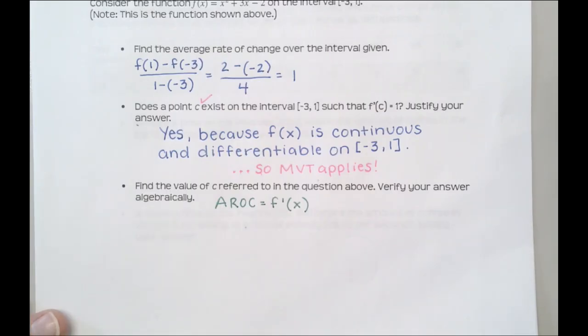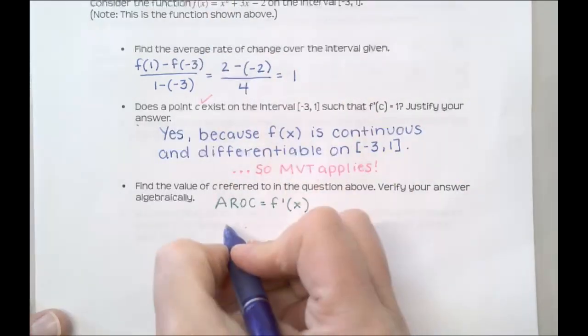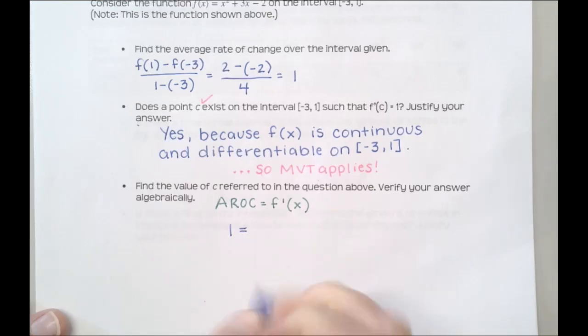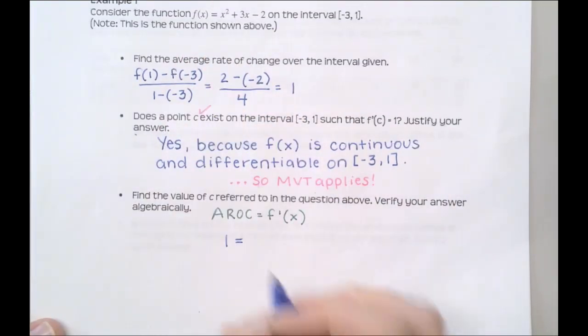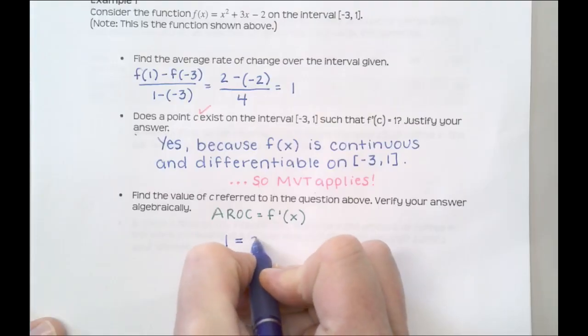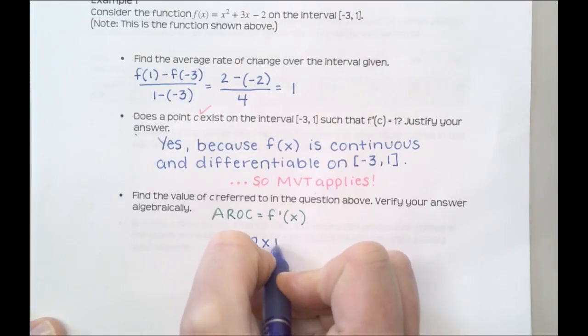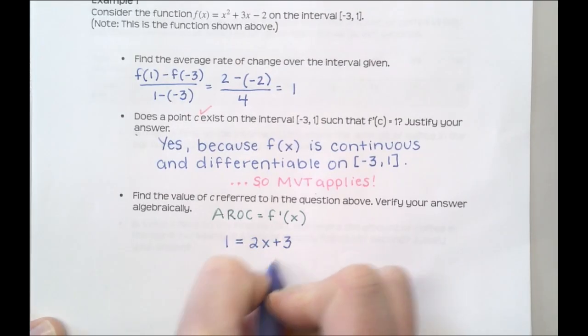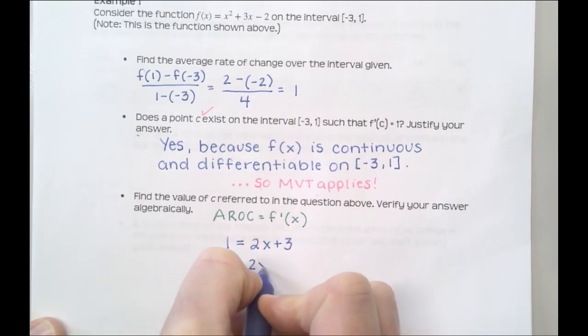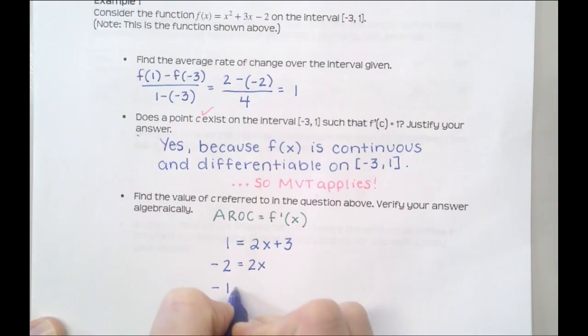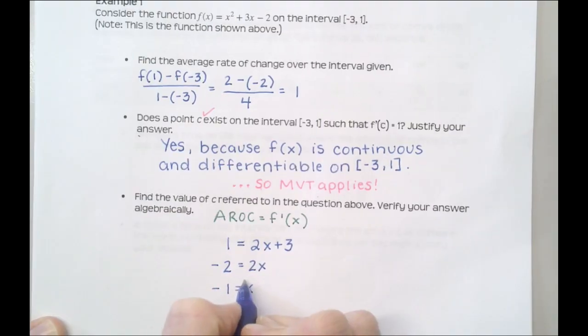So we found the average rate of change already, right? It is 1. And now I want to find the derivative of this function, okay? The derivative of this function is just 2x plus 3. Subtract the 3, I get negative 2 is 2x. And then divide, and I end up with x equals negative 1.